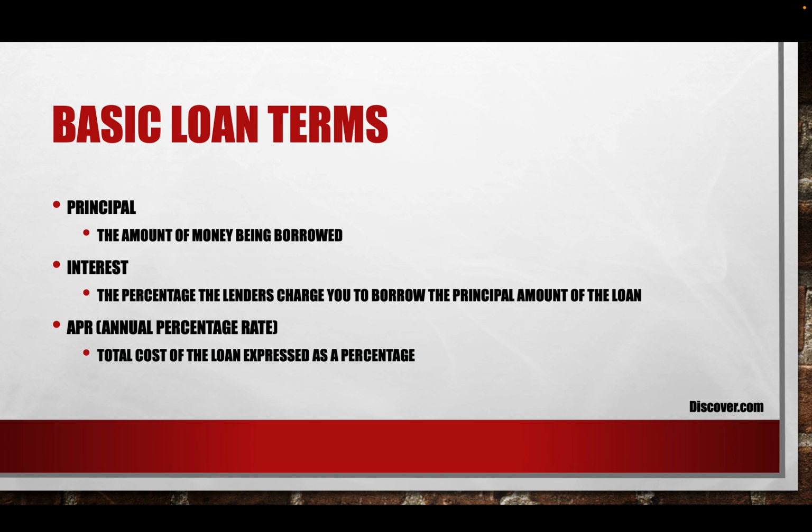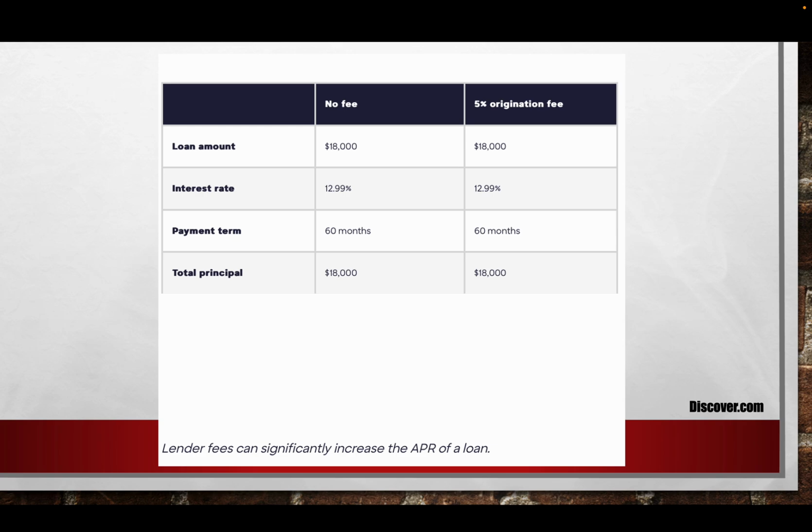All right, so in the next few slides, we're going to go over some examples and break down APR, because APR is a little bit tricky. So when it comes to APR, we all want the lowest interest rate when shopping for loans, right? But according to Discover, if we're just looking at the interest rate, we might not be getting the full picture of the amount of money you will owe over the lifetime of the loan.